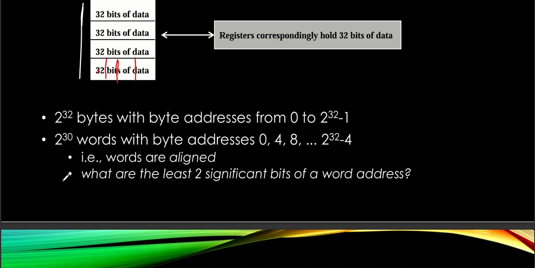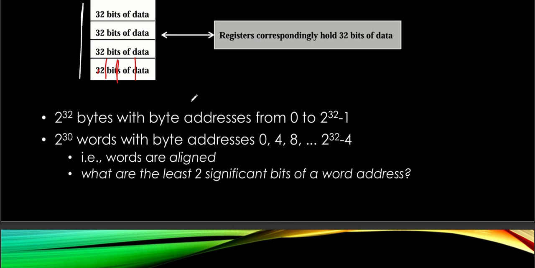So that's what's explained here. There are 2 to the power 32 bytes with byte addresses in MIPS, so you can give a total of 2 to the power 32 different addresses. However, you can only state up to 2 to the power 30 different words of addresses in MIPS.